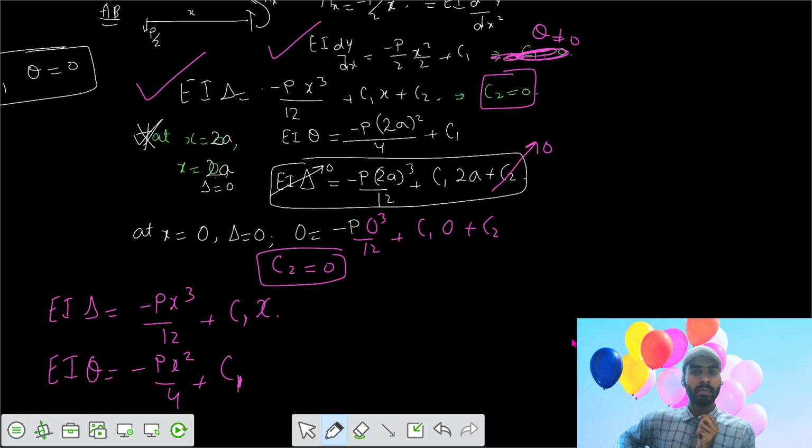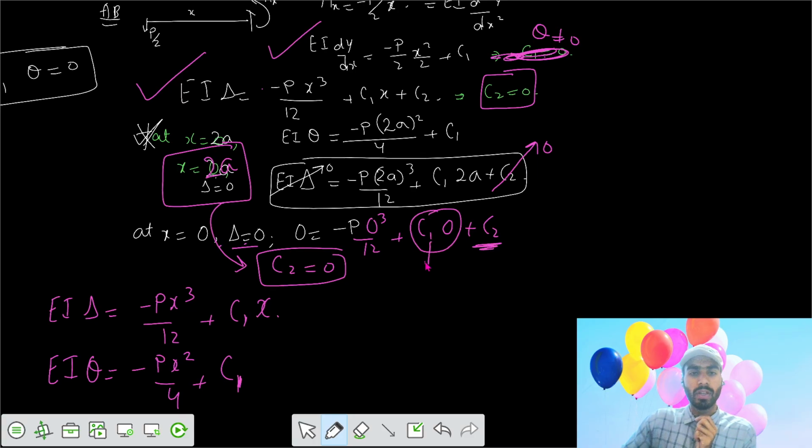We have this equation that at x equals a, delta equals 0. Once we used that at x equals 0 your delta was 0, from that we got c2 equals 0, and c1 was a function of x, so c1 is still unknown.